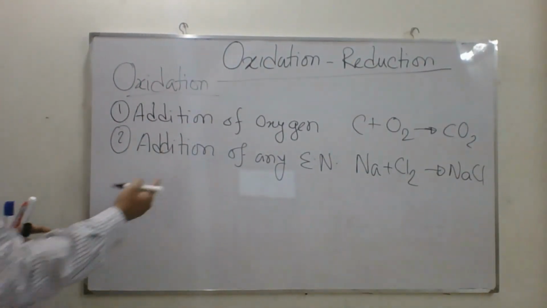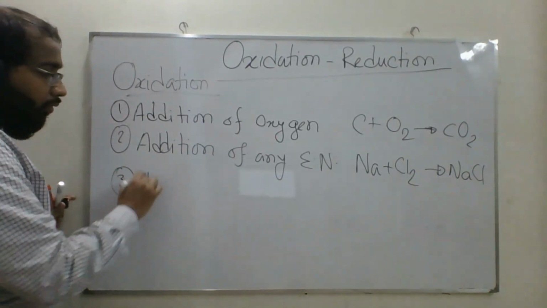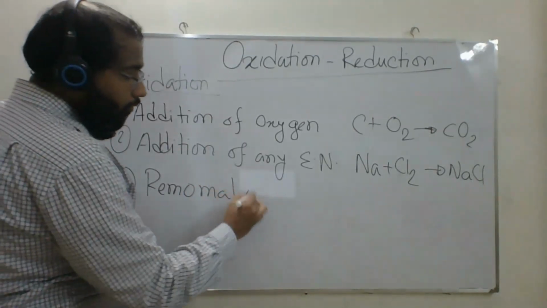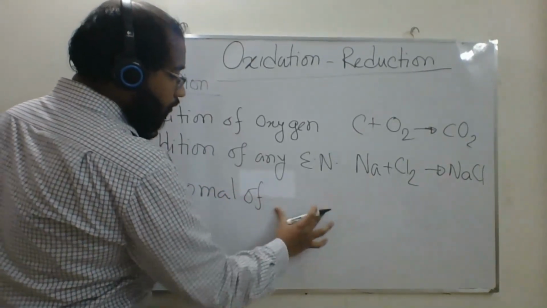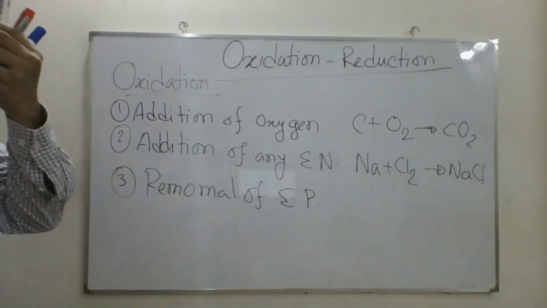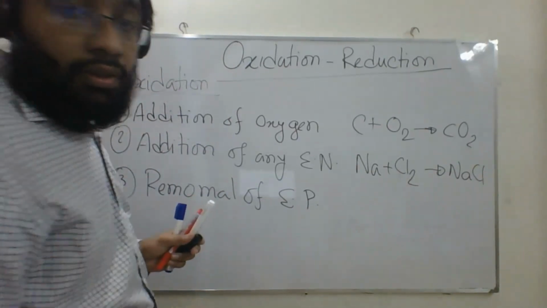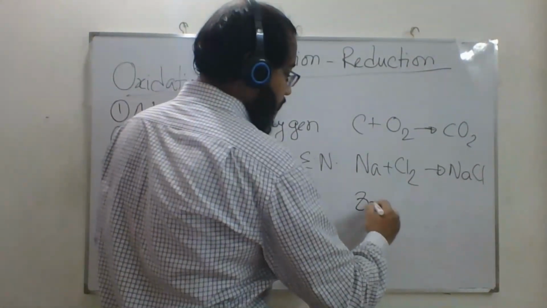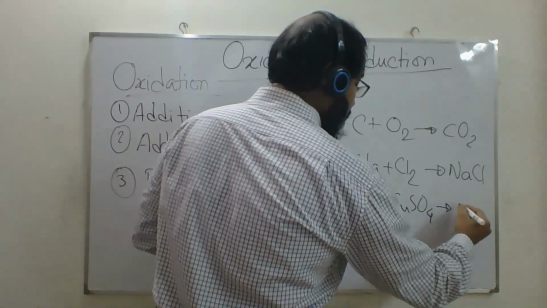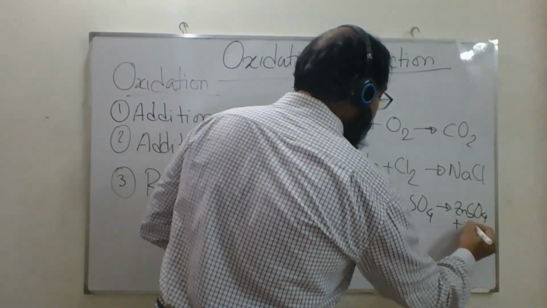Now, if addition of an electronegative atom is oxidation, then we can say that removal of an electropositive element is oxidation. Zinc plus copper sulfate forms zinc sulfate plus copper.